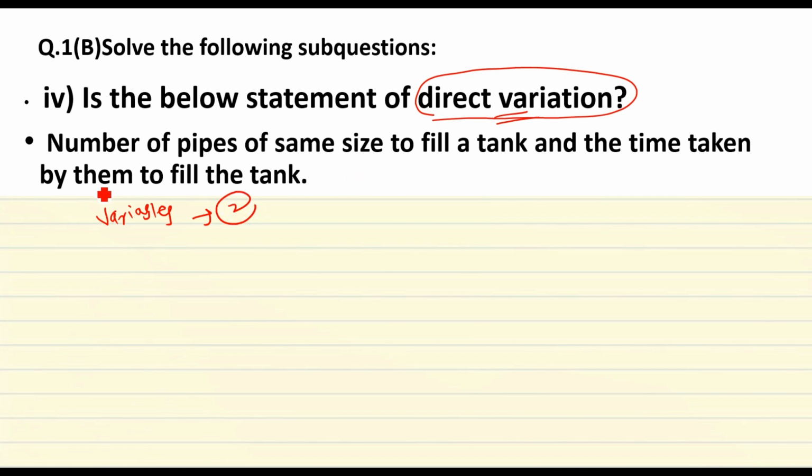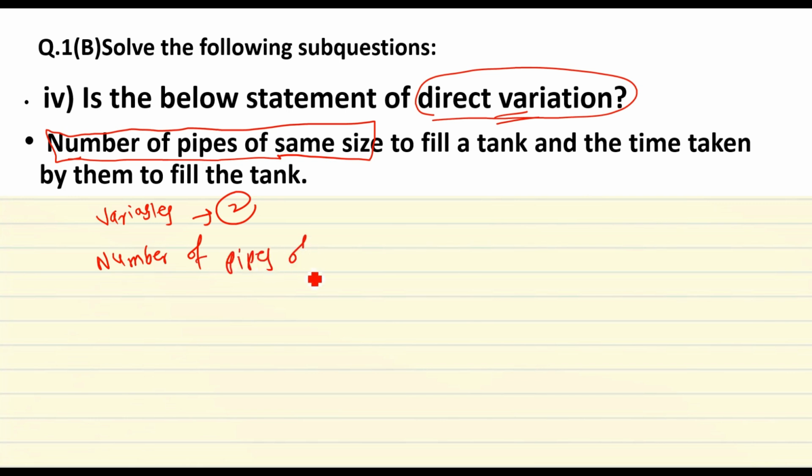To get these variables, I have to read the sentence. Number of pipes. Now the question is what? Number of pipes of same size. So my first variable is, say, number of pipes of same size. This is already information provided to us.